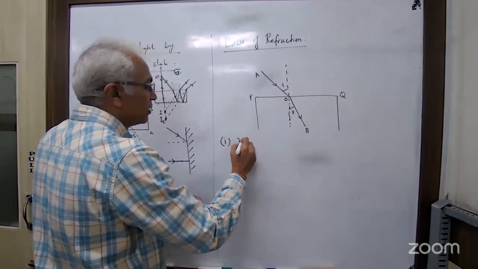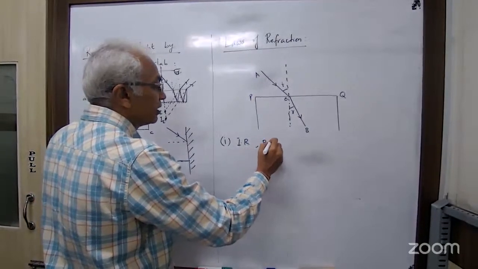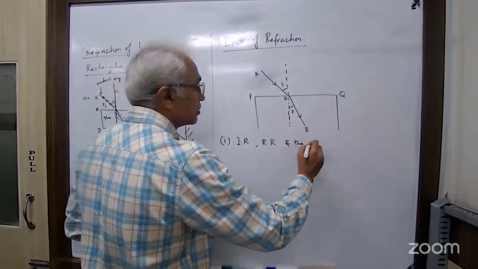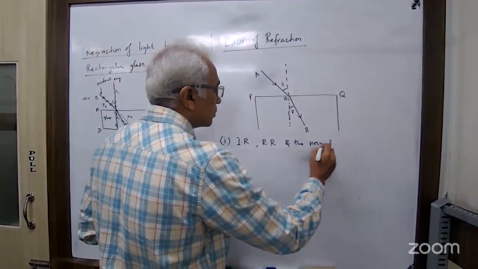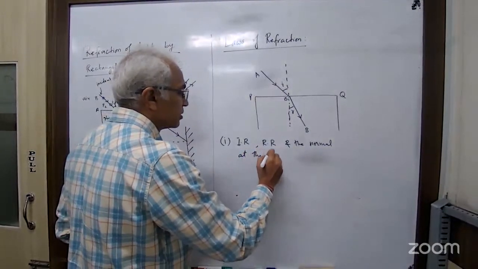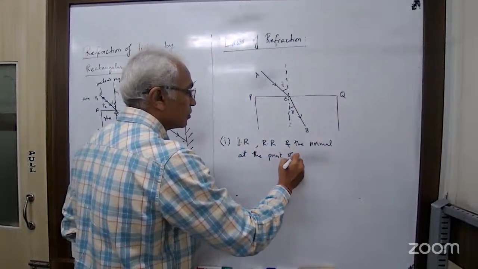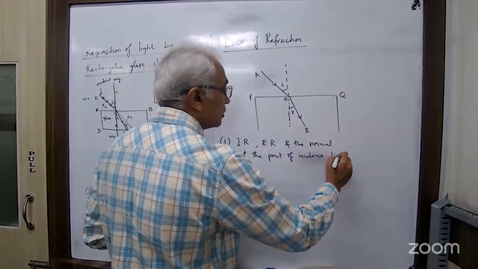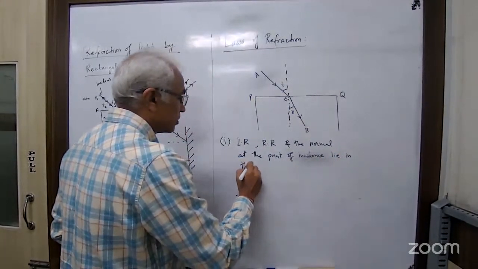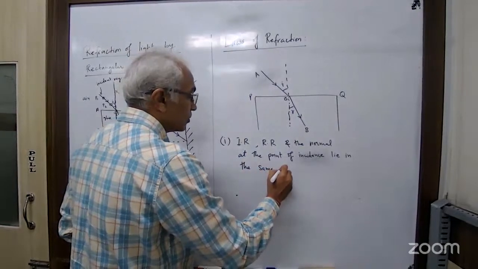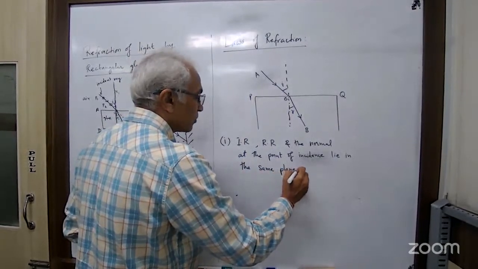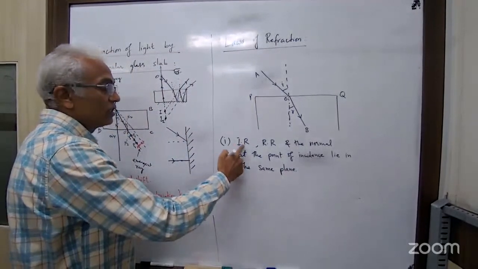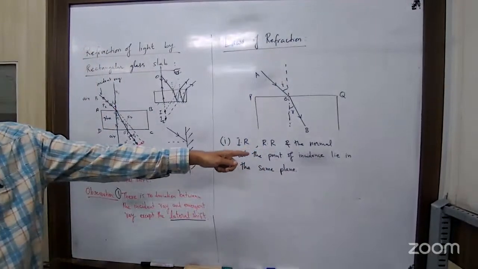So the incident ray, the refracted ray, and the normal at the point of incidence lie in the same plane. Okay, this is same as the law of reflection. IR is incident ray, RR in this case is refracted ray, not reflected ray. Okay.